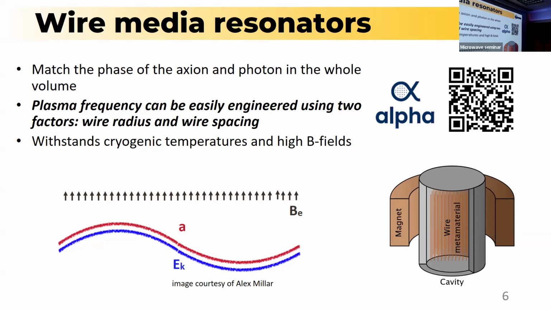It is still an active area to check how this wire medium behaves in these extreme conditions. You can check more details here in this ALPHA link. ALPHA is an international consortium that is looking for the axion, having as main component our wire media filled cavity.